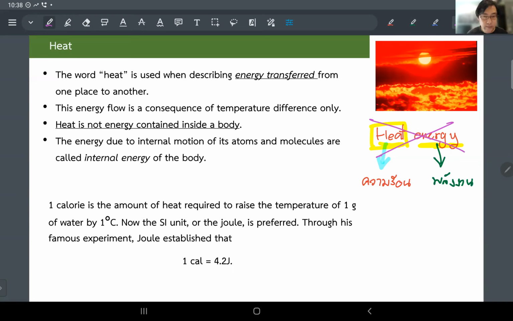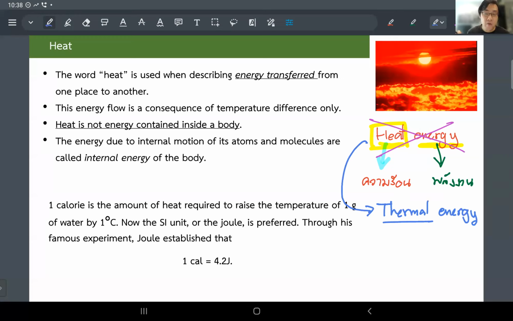But it turns out this is illegal. Illegal means that you cannot use this one in physics, or actually anywhere in this universe, because there is some conflict in terms of the meaning of these two words. And I'm going to show you that. The correct word for this is supposed to be thermal energy. This is the one that we use all along, because we have this thermal stuff until we get to thermodynamics, right?